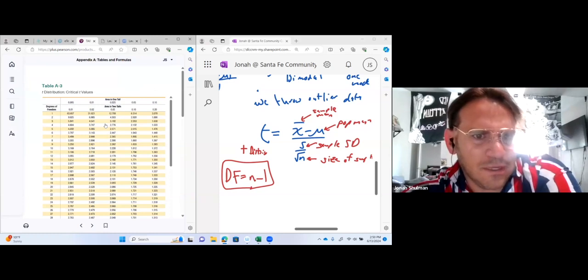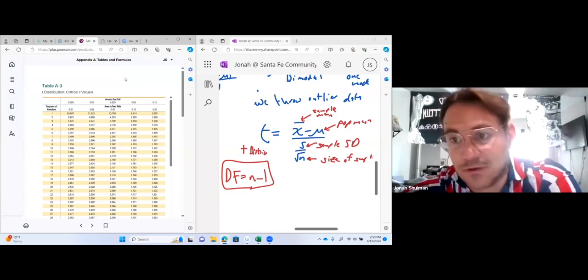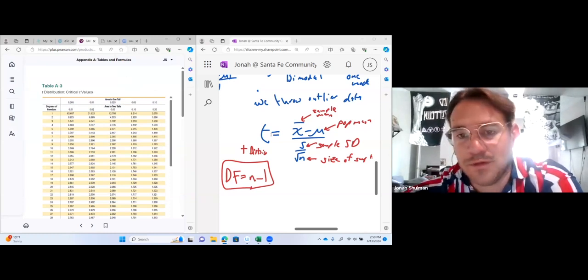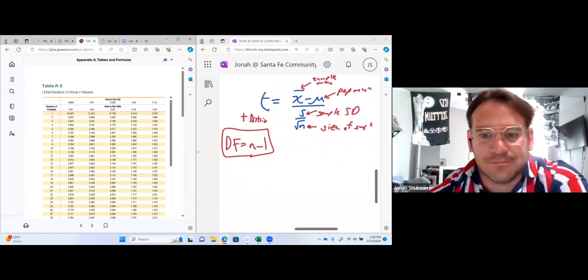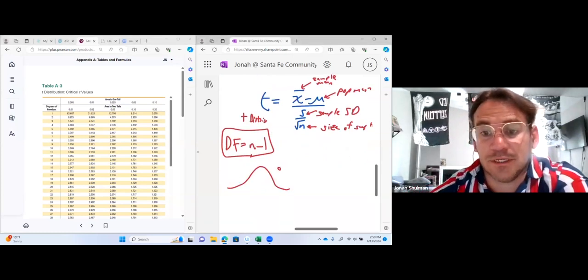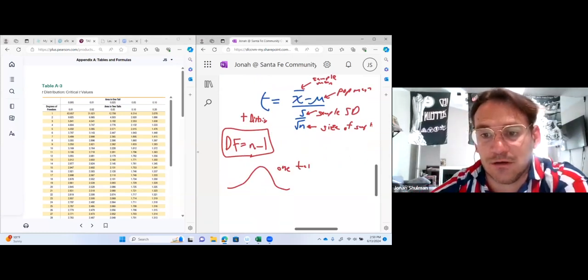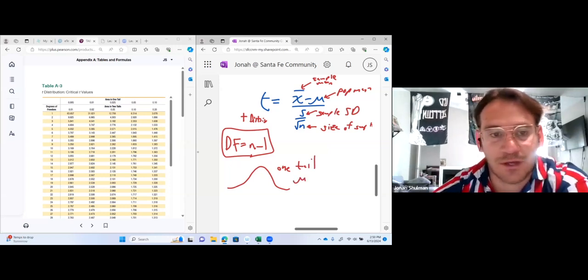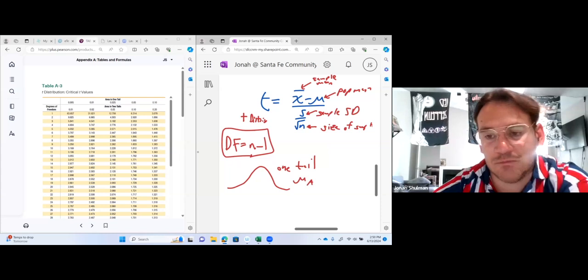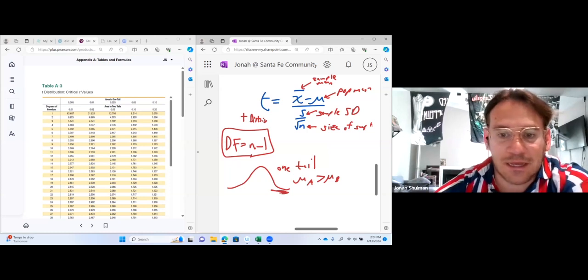Here we go. Notice it's different between 1 and 2 tails, which is great. If we have one tail, and I spoke about this in the very beginning when I was giving you the intro, one tail just means we definitely think one is bigger than the other, like the mean of A is bigger than the mean of B. We definitely know, so we're only going to look at one side.